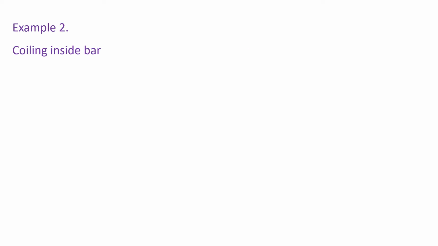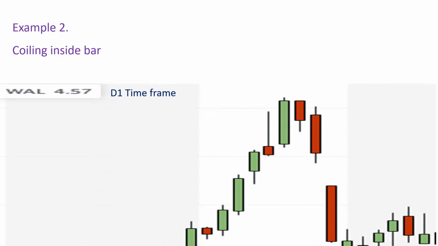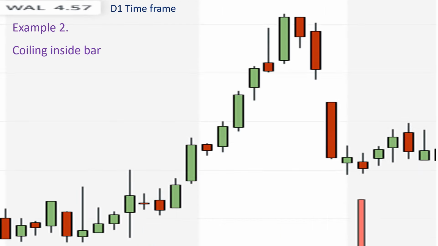Example number 2, quelling inside bar often leads to an explosive breakout. This is the price trend of Walmart stock, D1 time frame, Yahoo Finance. In this graph, you see a quelling inside bar right here. The best way to enter the trade is to wait for the next candle to pass the high of the mother bar.